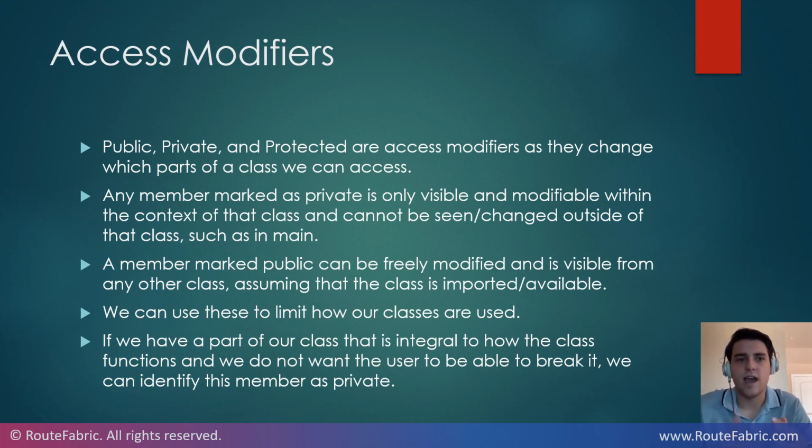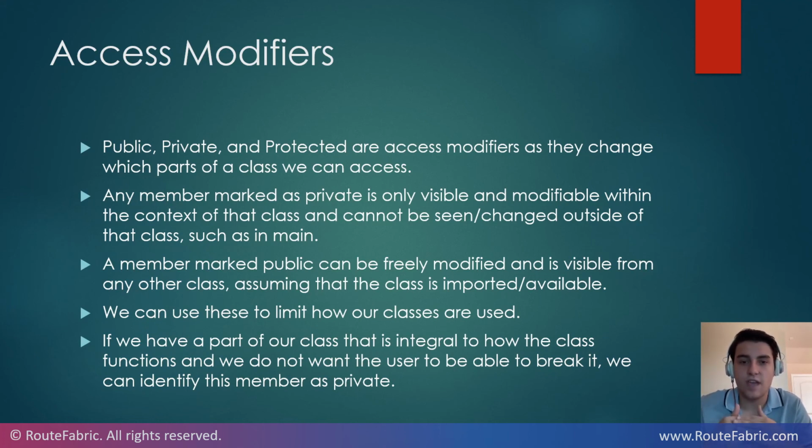The reason we have access modifiers is because with access modifiers, we can limit or change how our classes are used. If we have a part of our class that is integral to how the class functions and we do not want the user to be able to break it, we can identify this member as private. So let's say we're making some kind of data structure, and we want the allocation parts of that to be kind of protected.